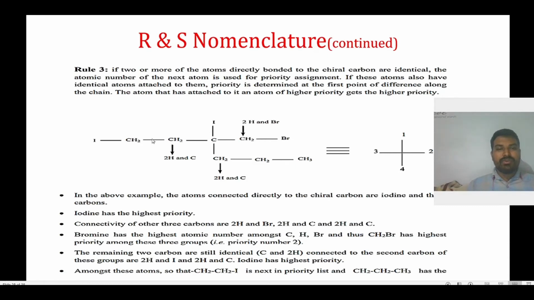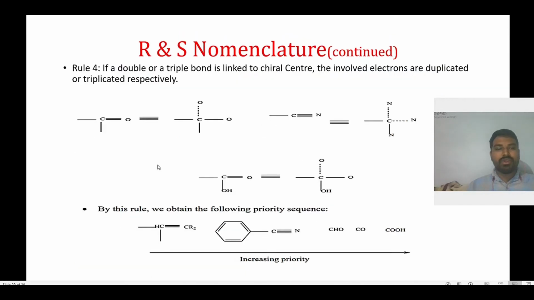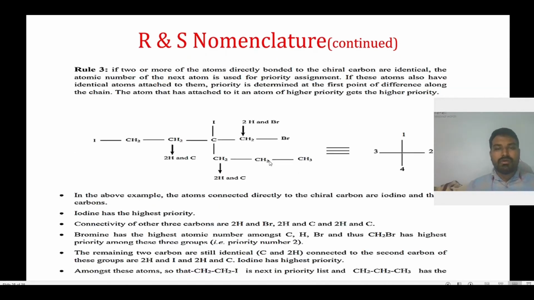Now there is a confusion between these two, so we will see the next atom which is attached to it. Here the next atom is also a carbon, but over here it is attached to an iodine. Now we will give this group the third priority. Over here we have given the third priority, and this group will be given fourth priority, meaning first, second, third, fourth.